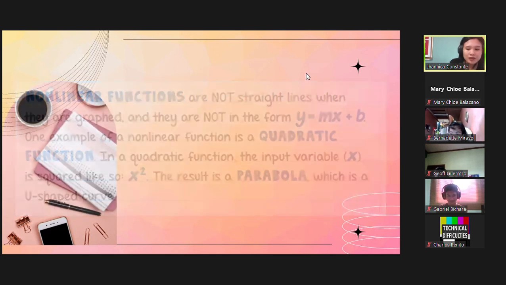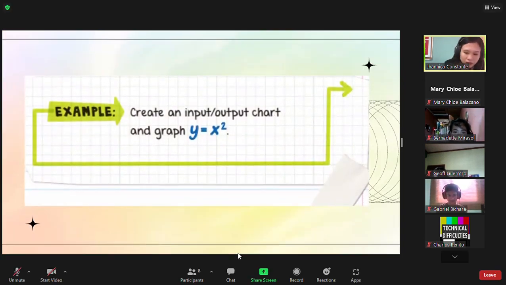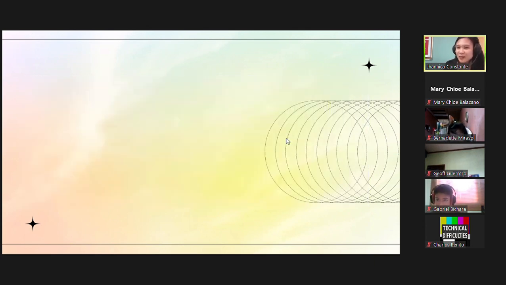We have discussed how to find the input and the output for our quadratic function, wherein we substitute the value of the given set of x to our function, and you also identify its coordinate once you are done solving for its output using the chart that we have discussed, which is this one.